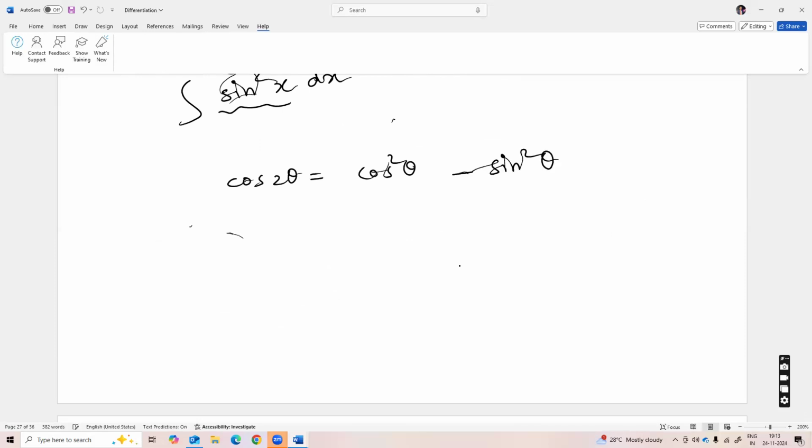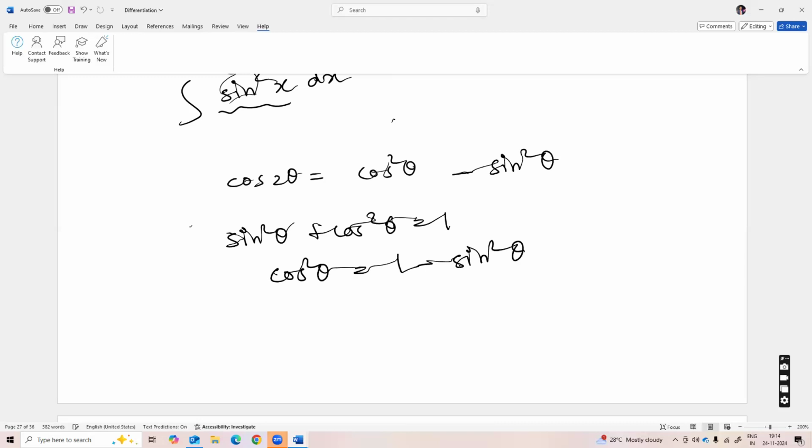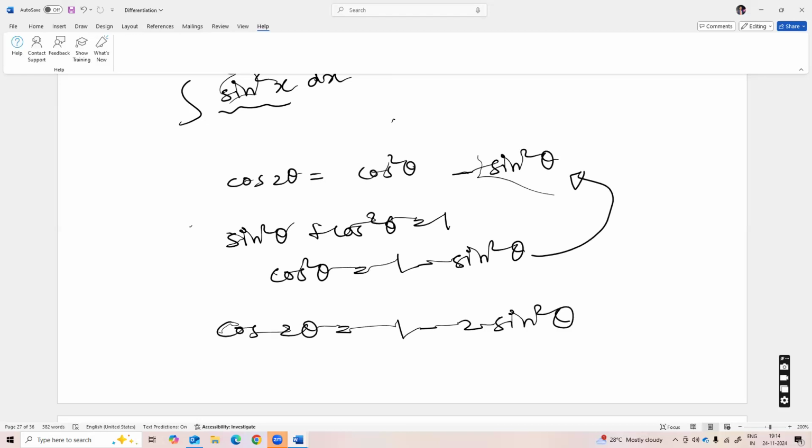And we know that sine square theta plus cos square theta is 1, so cos square theta is basically 1 minus sine square theta. If we substitute this identity in this equation, we get cos 2 theta equal to 1 minus 2 sine square theta. Therefore, sine square theta can be written as 1 minus cos 2 theta divided by 2.